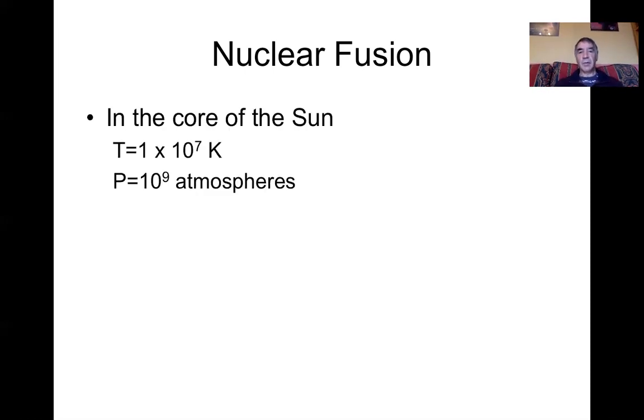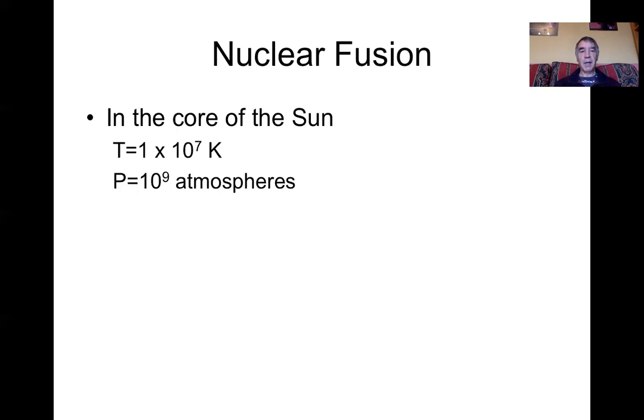So how does this occur? Why does it occur in stars and in the core of the sun in particular? Well, again, I'm going to have to quote some numbers at you here. In the second year course on stellar structure, you can prove these numbers to yourself, but for now you'll just have to take it from me. And you might well imagine that the conditions right in the center of the sun are extreme.